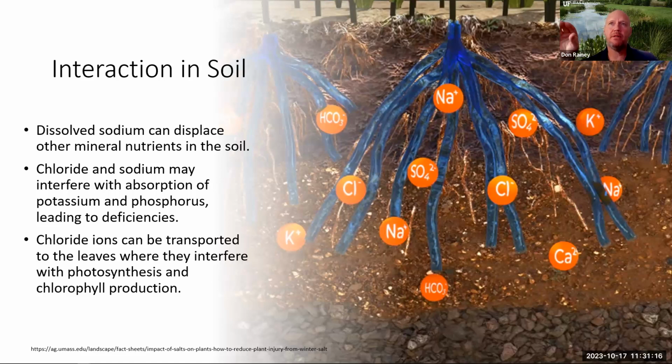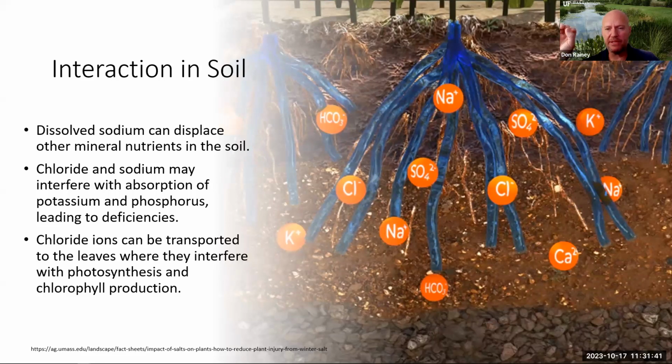The sodium and the chloride ions separate. And when the salts are dissolved in the water within the soil level, the dissolved sodium and chloride ions in high concentrations can displace these other mineral nutrients that you see around these root systems. And so plants then absorb the chloride and sodium instead of these other needed plant nutrients.